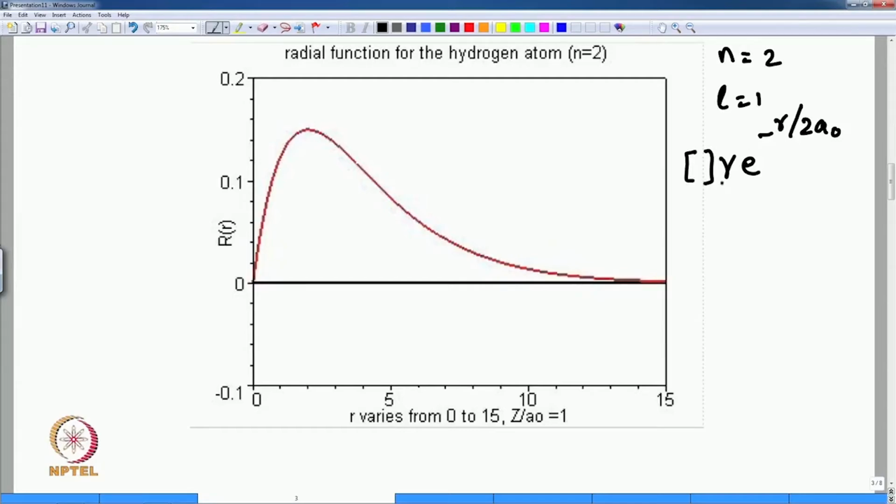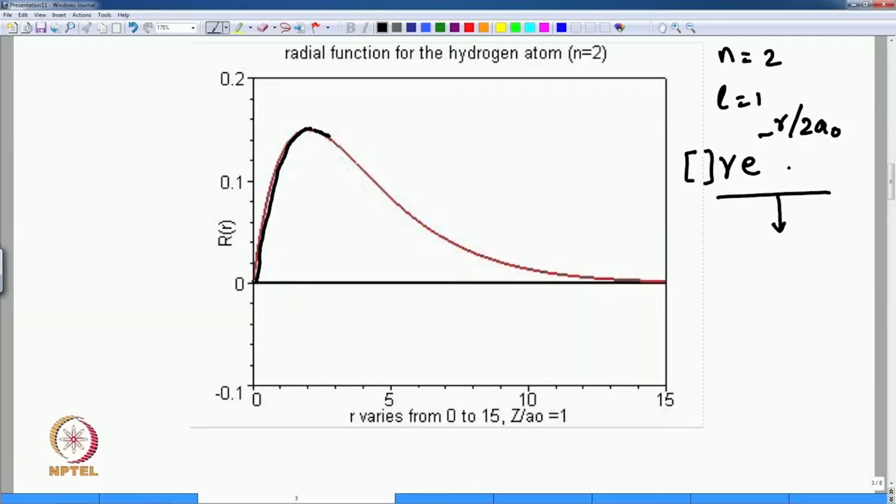You can see that this function is 0 at r equal to 0. As r increases, this increases, but this decreases. So there is a competition between the increasing r, up to a point where there is a maximum, and then the function reduces due to the exponential. Even though r is increasing, the exponential dominates, and therefore the function goes to 0 for large values of r.